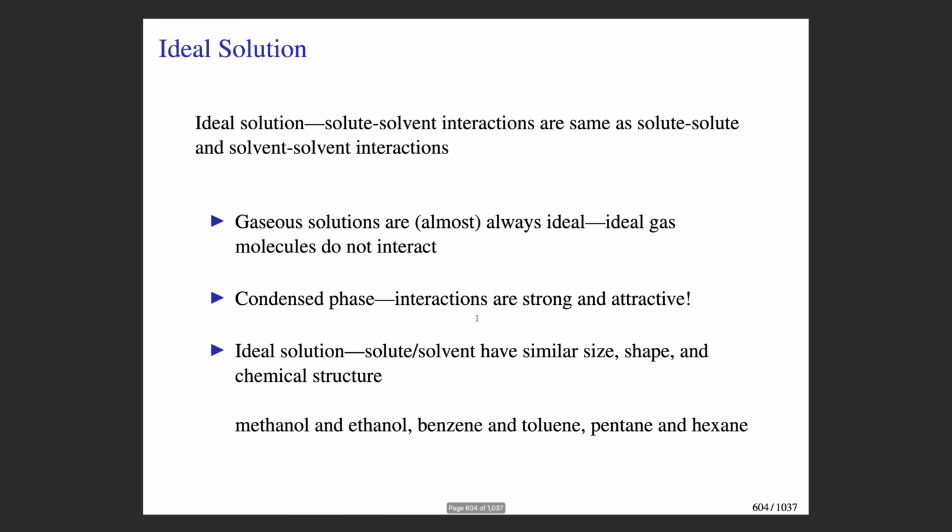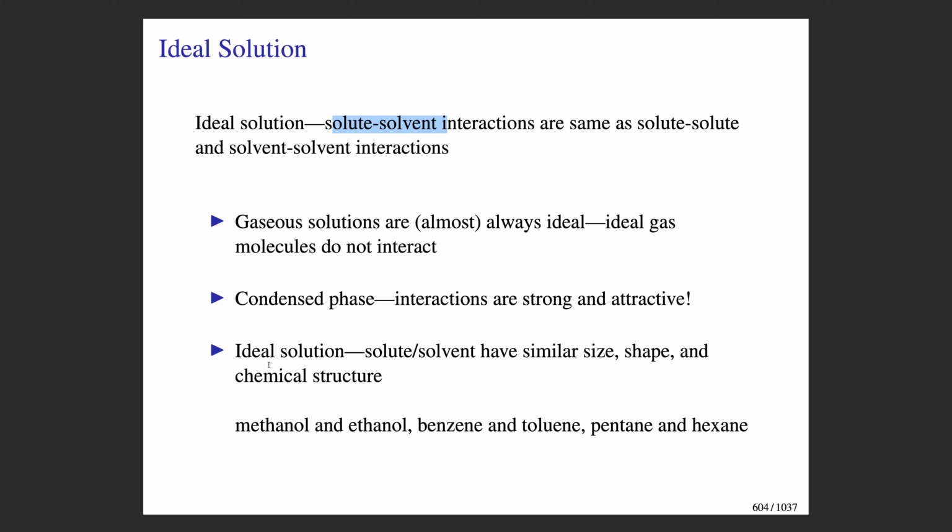Okay, so those circumstances are that the solute and solvent molecules should have similar size. They should have roughly the same shape and chemical structures that aren't too different from one another. Otherwise, if the solute and the solvent are really different from each other, the interactions between the solute and the solvent could not be the same as they are between the solute and solute and the solvent and solvent.